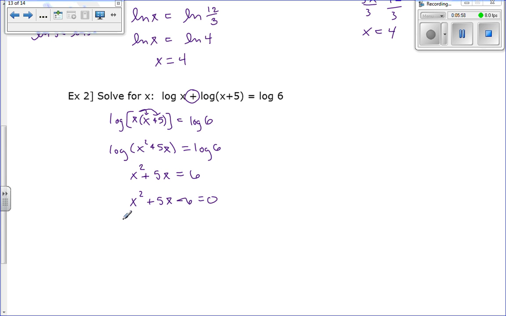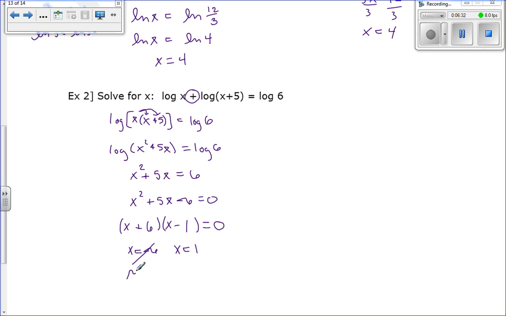And I can factor this. Factors of 6 that when I subtract I get 5 are 6 and 1, so it is plus 6 minus 1, so x equals negative 6, and x equals 1.